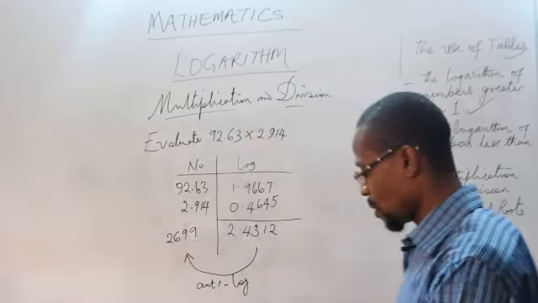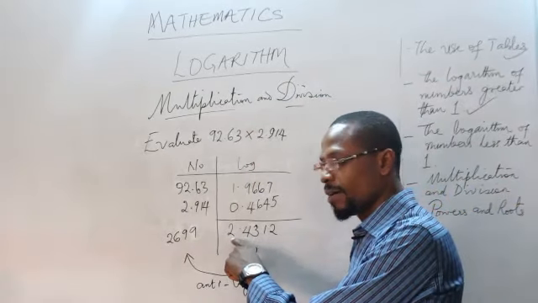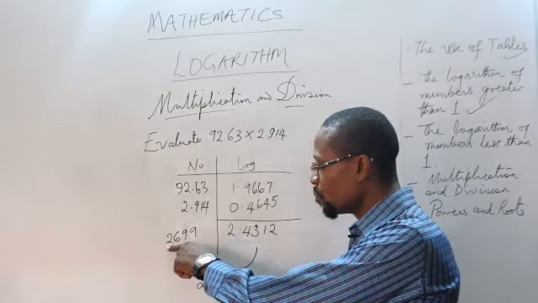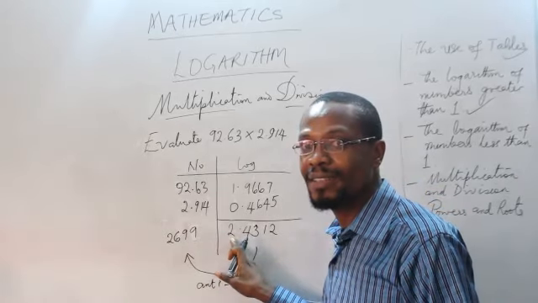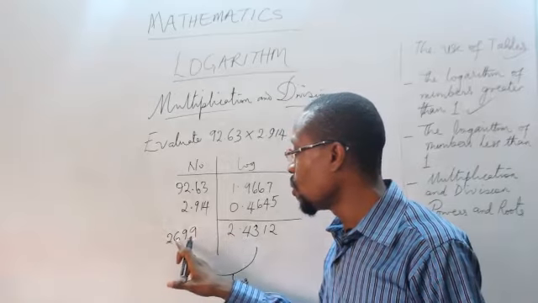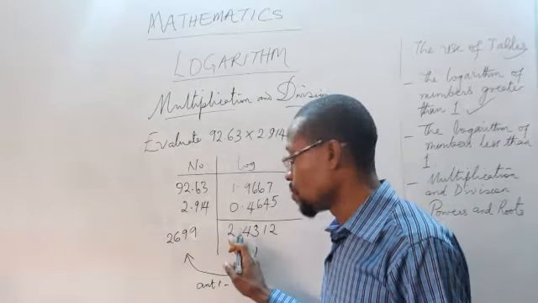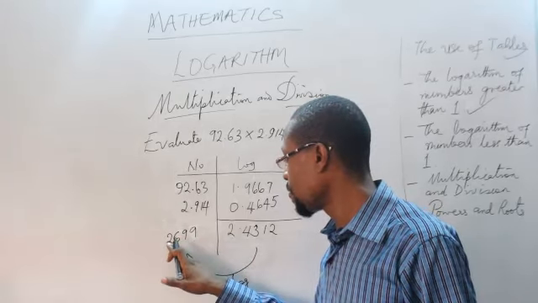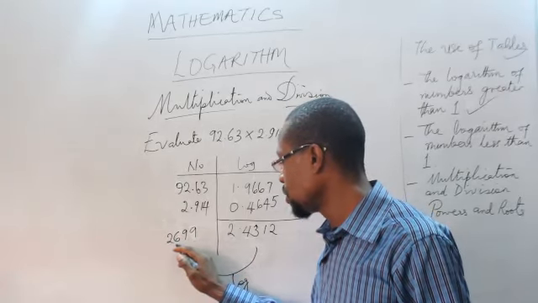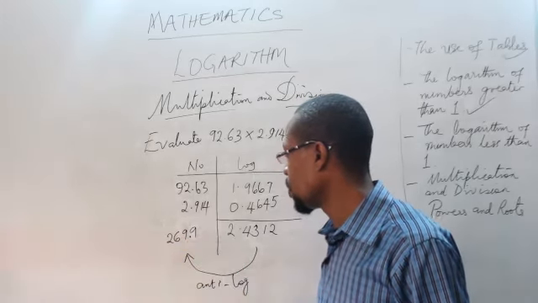2699. Okay? Now, remember the characteristic is what we will use to move our decimal places. So what we have here is 2 as our characteristic, meaning in the anti-log, we will shift the decimal places 3 times. 2 plus 1, 3. Remember? Good. So we have 1, 2, 3. So our decimal point is going to be there.